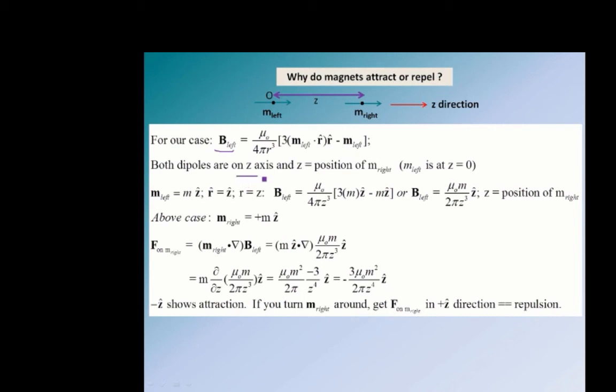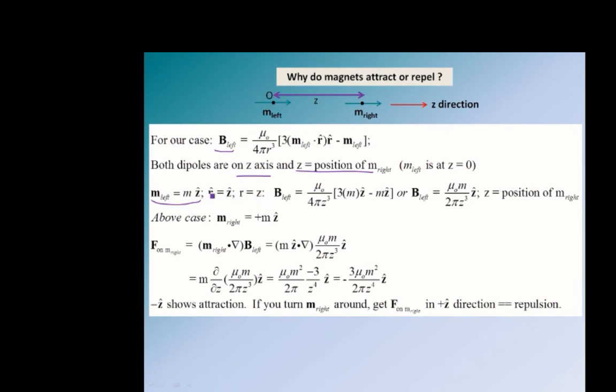Okay, now we're going to take dipoles aligned along the z-axis, and we've already said what z is. The left-hand m is at z equals 0. So setting these equal to the magnitudes times unit vectors, m left is the magnitude of the dipole times z hat, r hat is z hat, r is equal to z.